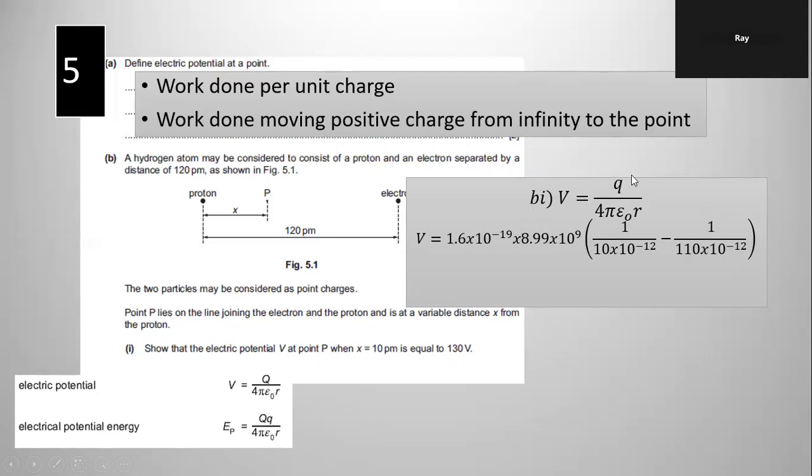And then 1 over r is left. For this x there is 10 into SI unit. And then if this is 10, this is 110, 110 into SI unit. 130 volt. Okay or not? Anything not clear? Okay.